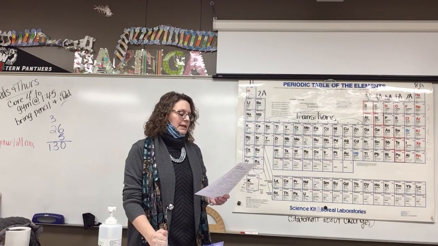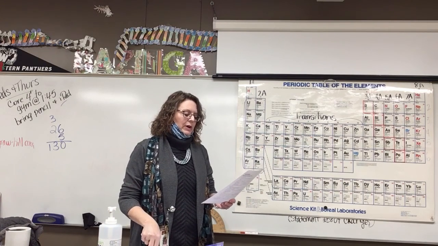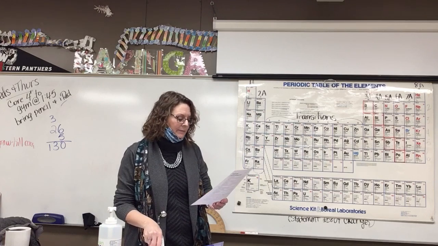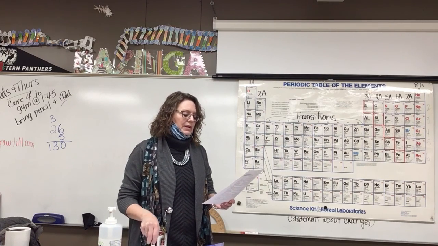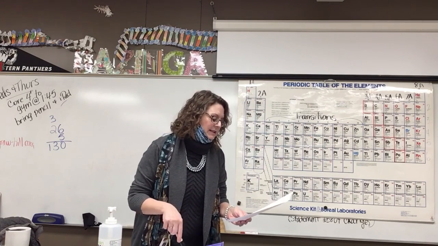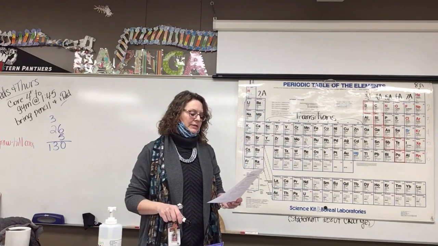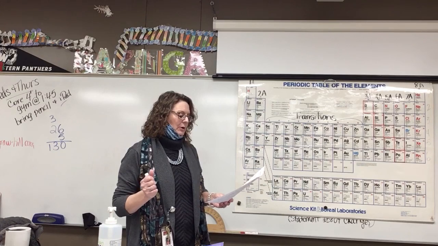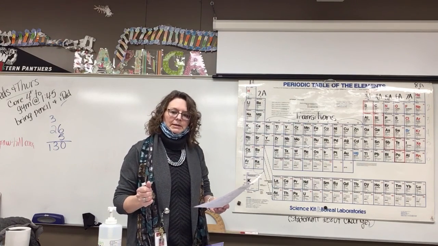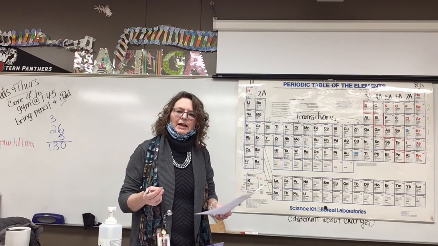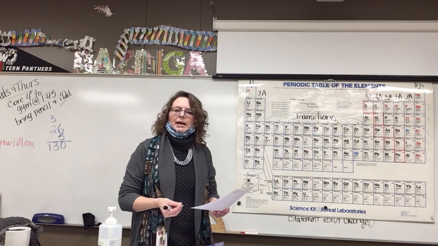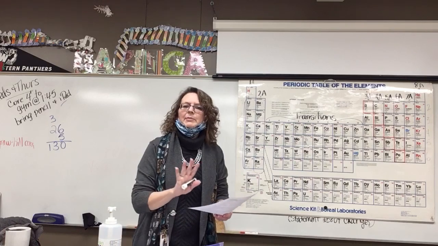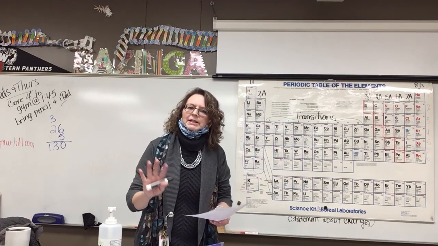Stable atoms do not easily react with or form bonds with other atoms. Group 18 includes the noble gases, with the exception of helium. Each of these gases has 8 valence electrons. C, unstable atoms can become stable only by forming bonds. That's how they get stable. That's how they get the 8. The chemistry rule is called the octet rule.